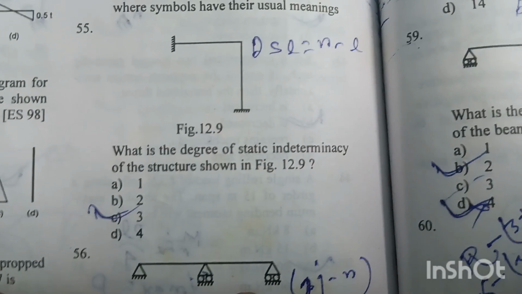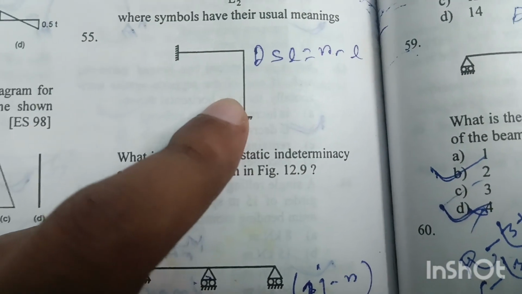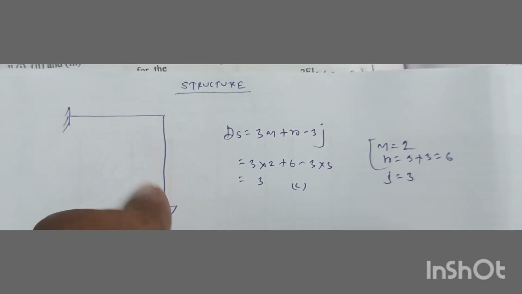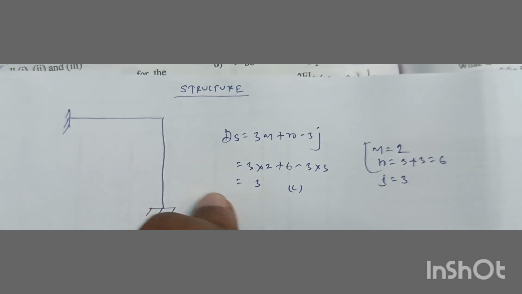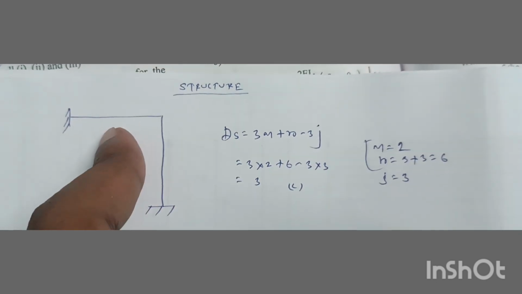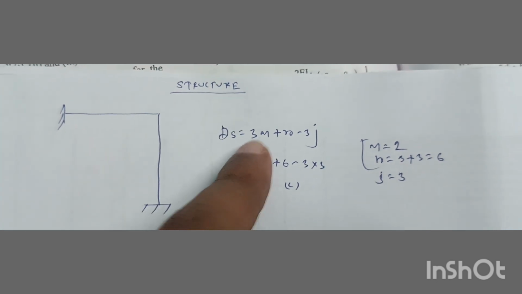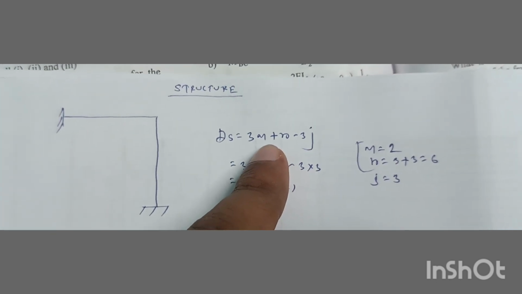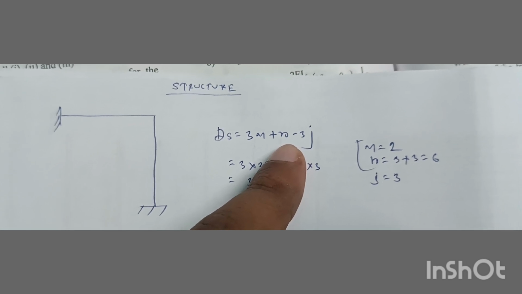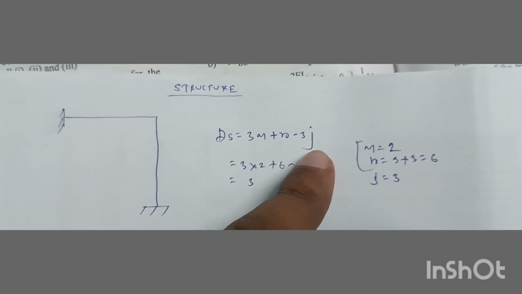Question number 55. For this figure 12.9, what is the degree of static indeterminacy of the structure? This is a rigid frame, so we know the formula for the degree of static indeterminacy for this structure: ds equal to 3m plus r minus 3j. M is the number of members of the frame, r is the number of reaction components from the frame, and j is the number of joints.